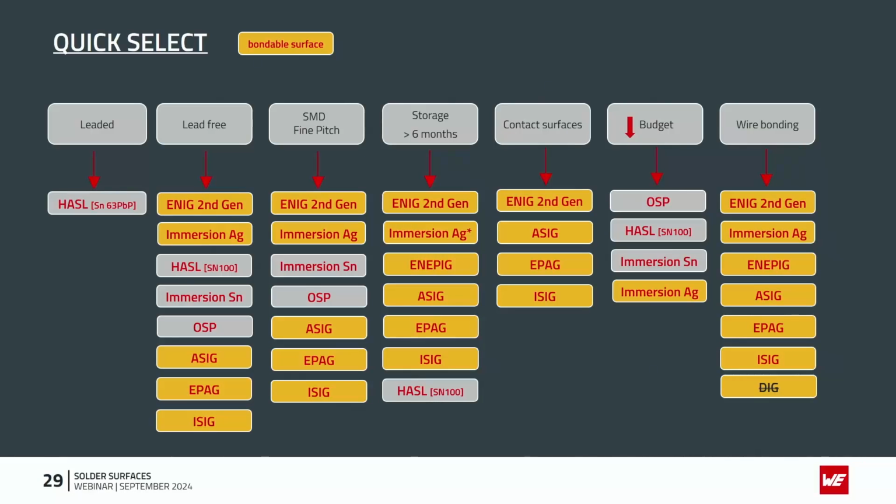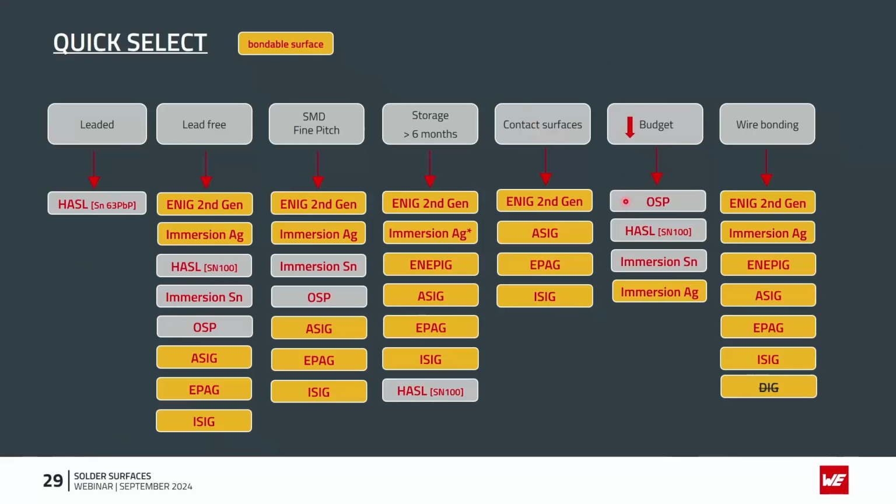Maybe you need lead-free, so you can see in the second row the possibilities which meet the requirement lead-free. Maybe you need a solder surface with a low budget. Then, if this is very critical, we have OSP in this row.